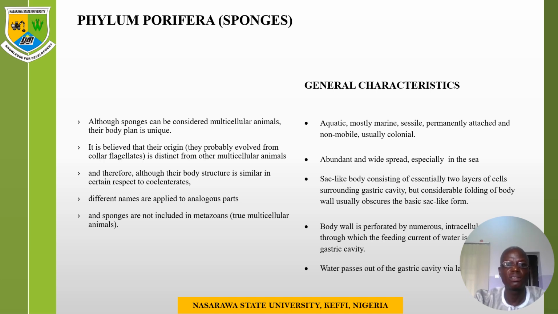And therefore, their body structure is similar in certain respects to coelenterates. Different names are applied to analogous parts, and sponges are not included in the Metazoa, that is, true multicellular animals.